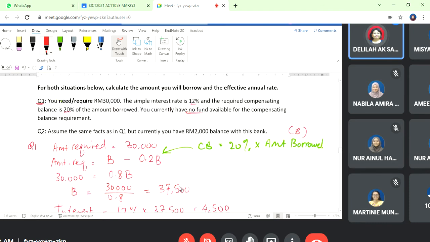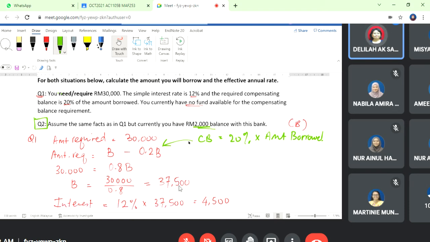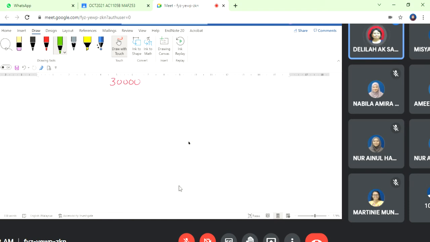Now in question 2, same as in question 1, but now you have 2,000 ringgit in the bank. So this 2,000 ringgit that we already have in the bank, we will deduct from the compensating balance. So what does the formula look like?